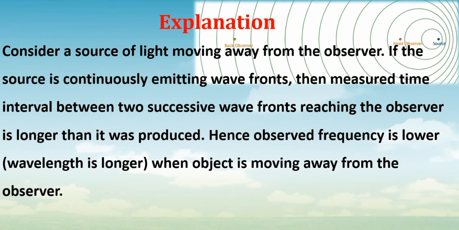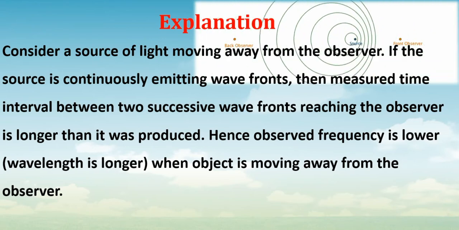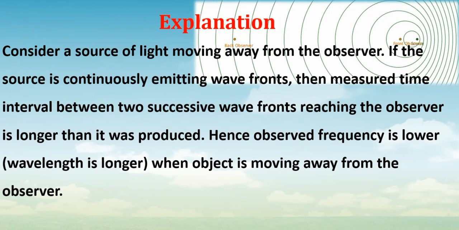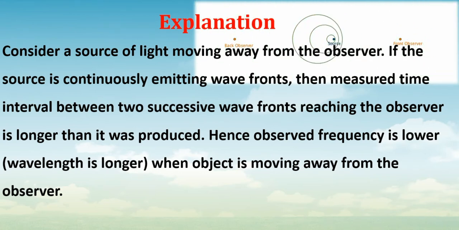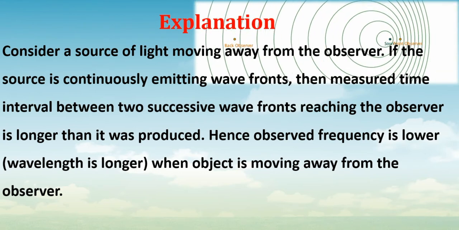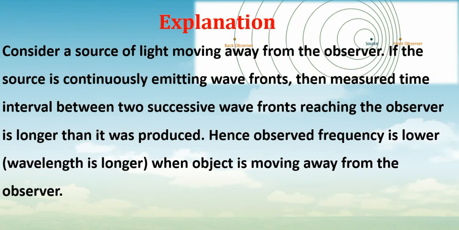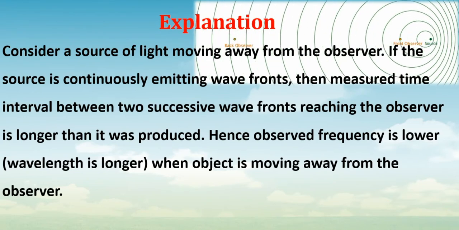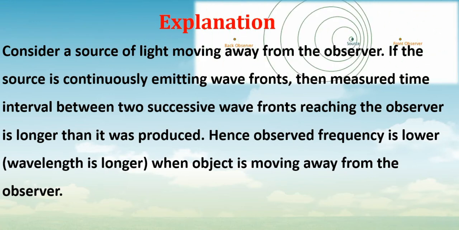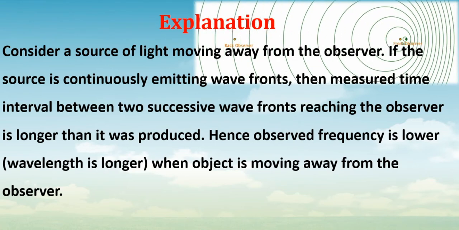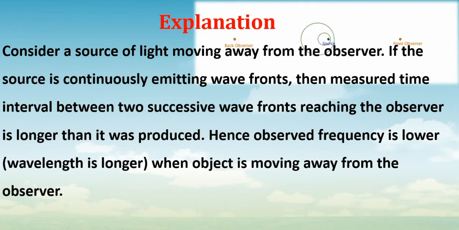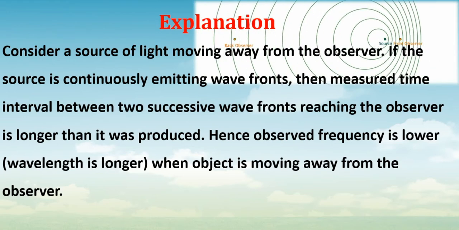As the source is moving in one direction, the gap between the wavefronts decreases, and for the observer it is moving away from, the gap between the wavefronts increases. So this is what we can observe here.